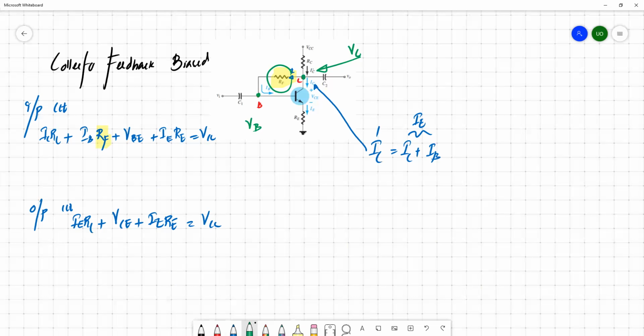If these resistors are given, you can evaluate the biasing currents and voltages. So the last one would be the voltage divider mechanism. The last model would be the voltage divider.